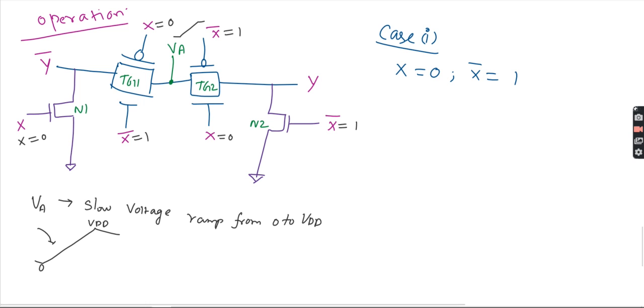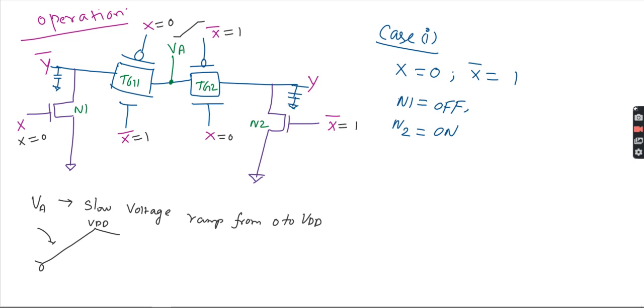Now which ones are on? When x is equal to 0, N1 is off, correct? N2 is on. In the output Y there is a capacitance, so assume it in this way.